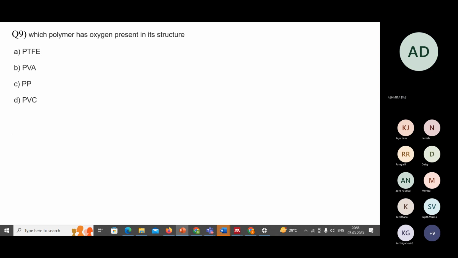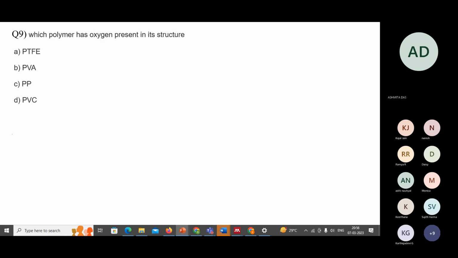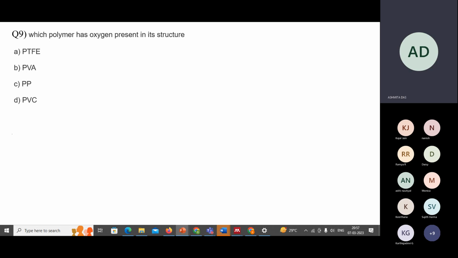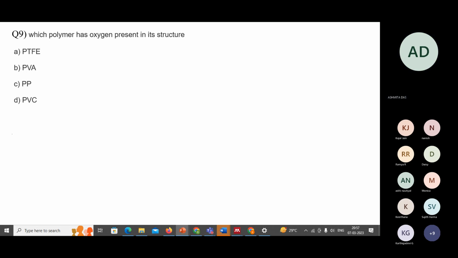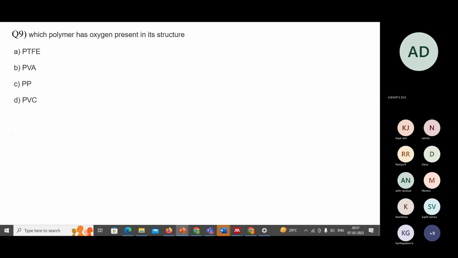Polyvinyl acetate. And what is the formula of its monomer? It is C2H4O. The monomer is C2H4O.